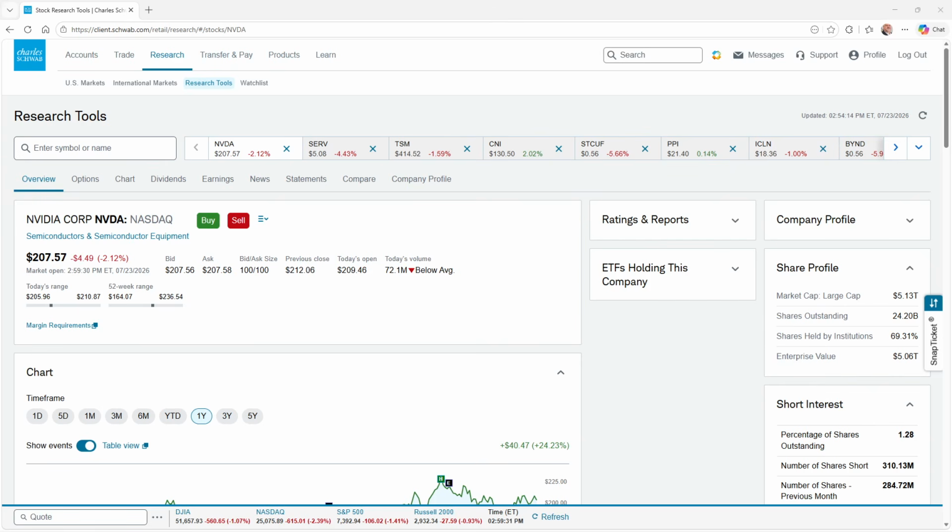And so the idea behind float is that if the same number of buyers showed up for a stock that had a high float versus a stock that had a low float, those investors are going to be able to move price more easily in a stock that has a low float. So it's more sensitive to price changes based on supply and demand.